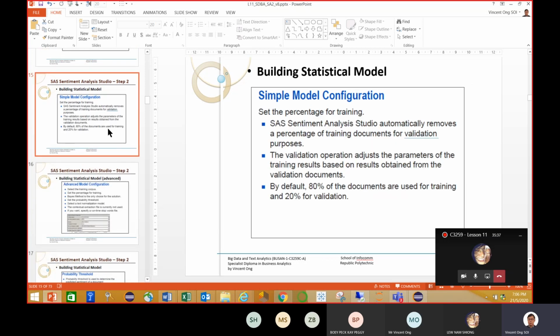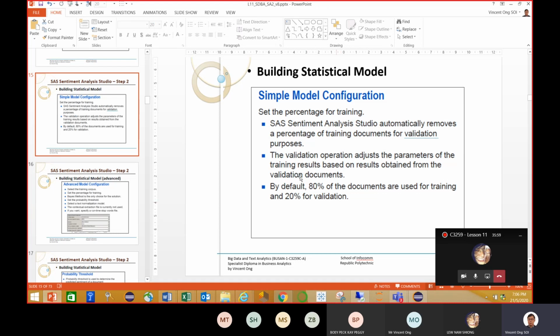So this is the basic one. Just take note of the last point: by default, 80% of documents are used for training and 20% for validation. So by the time you build the model, it has already been validated.